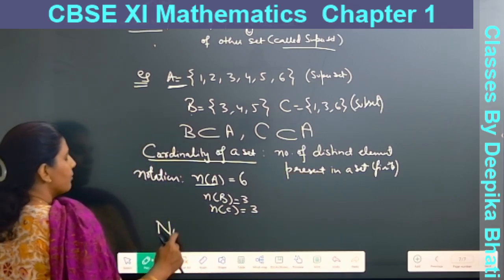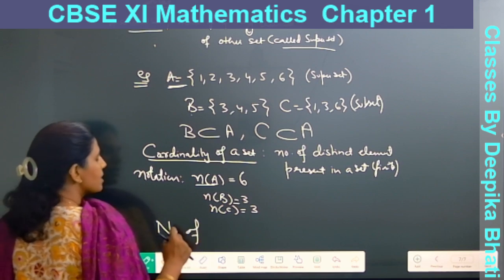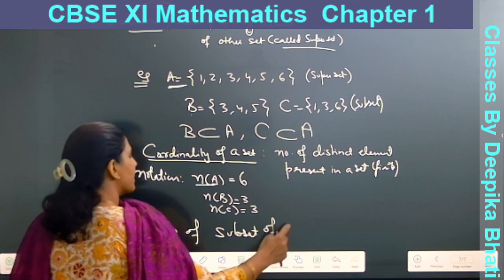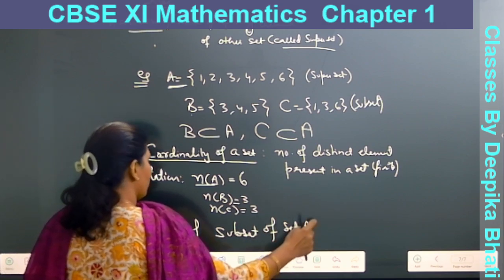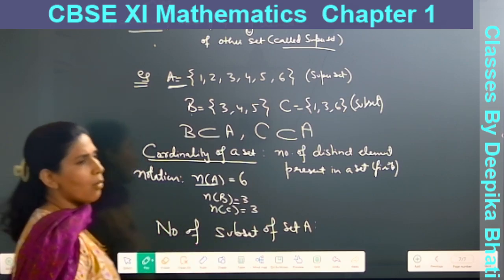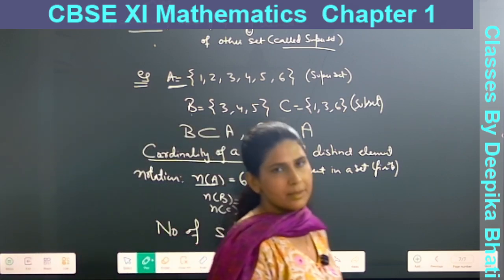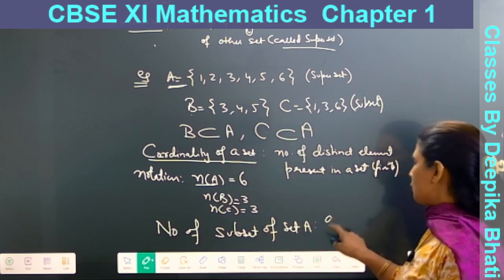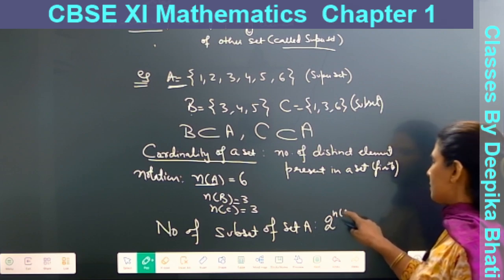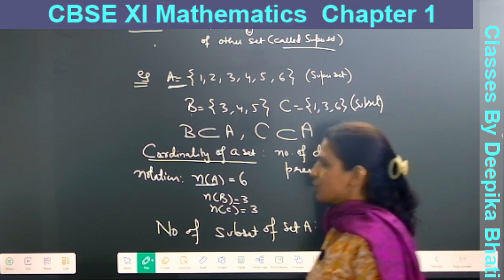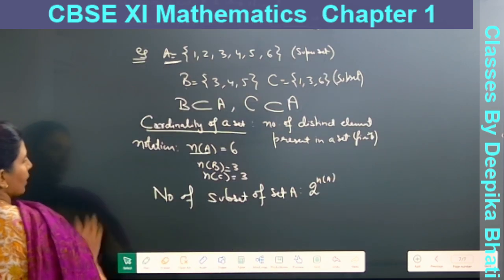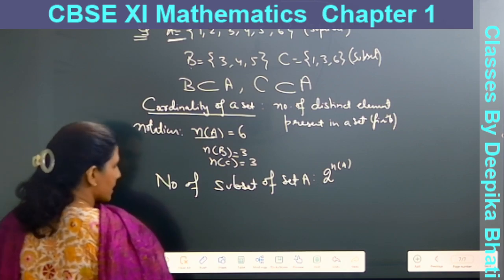So the formula that I want to tell you here is the number of subsets of set A. Whatever set I have, if I want to count how many subsets I can build over a set, we have a formula: 2 raised to the power the number of elements in the set. Let me discuss an example with you.